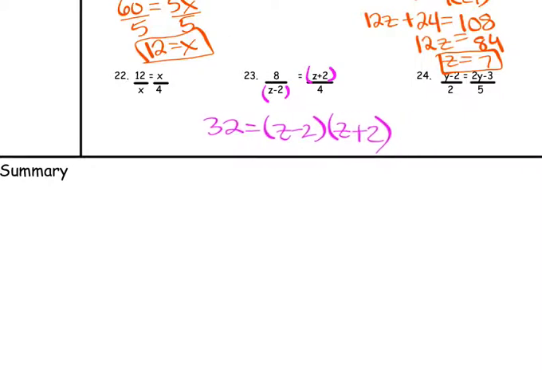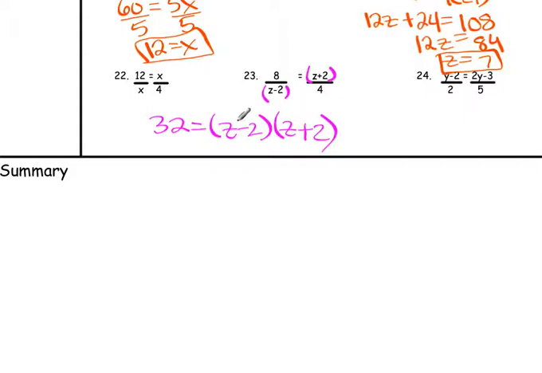I'm going to move this over a bit. And if you don't know how to FOIL, there's other ways that I can show you. So FOIL stands for first times first, which would be z squared. Then outside times outside, which would be plus 2z. Inside times inside, minus 2z.